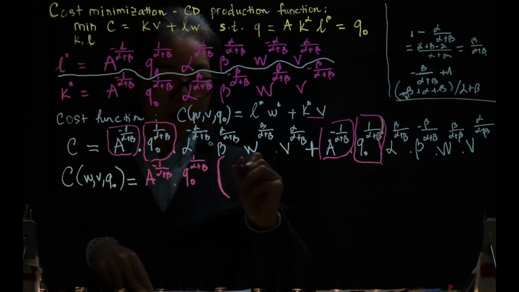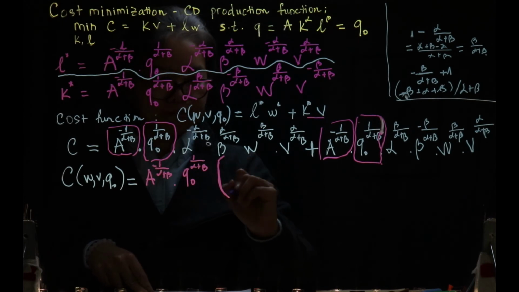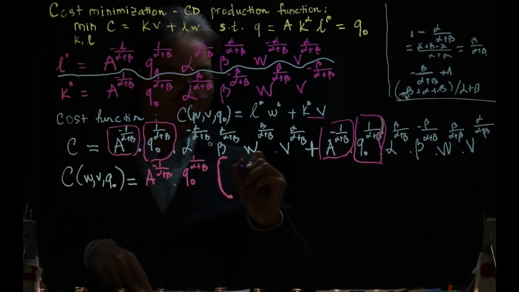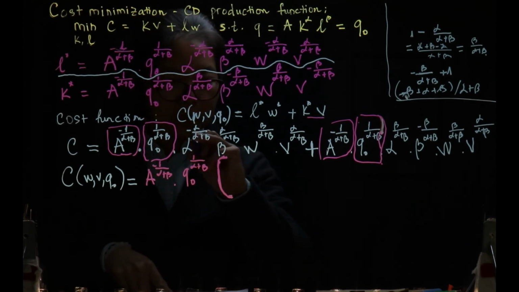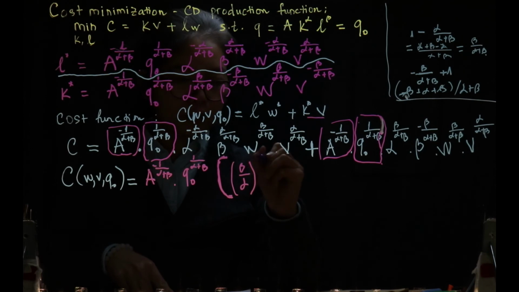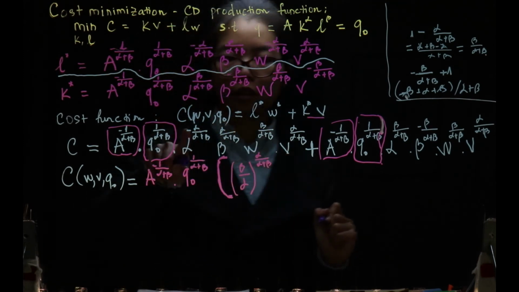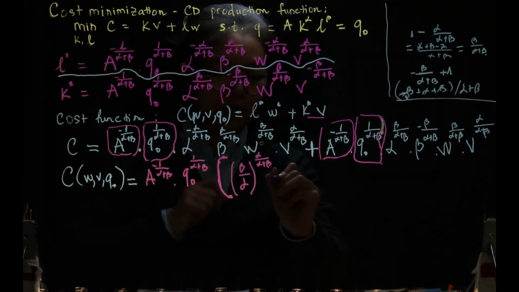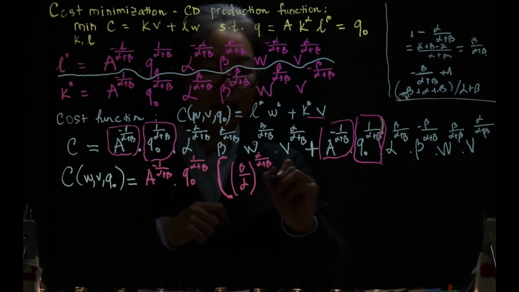is alpha, but now I will write it as fractions or quotients. So alpha over beta, but here's the same exponent. So we could actually write them as beta over alpha to the power of alpha over alpha plus beta, right? Because there's a minus here, so it should stay in the denominator, right?